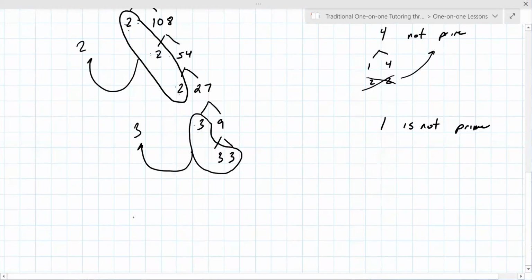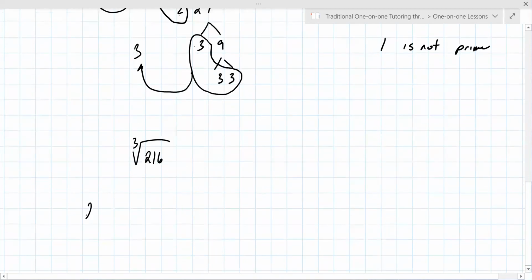So the cube root of 216, as I mentioned, you bring a 2 out and a 3 out, and there's nothing left over. So it's just assumed to be 1, and that's why it's 6, because 6 times 6 times 6 is 216.